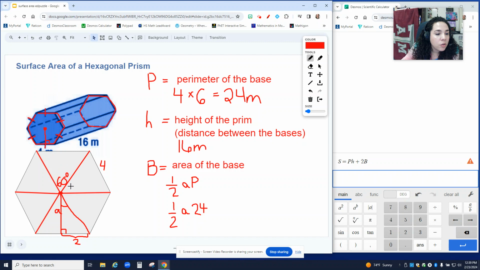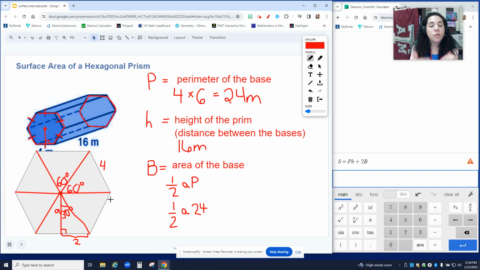All of these angles represent 60 degrees, okay? But if we're trying to use a right triangle and we bisect that again, that means that this angle is actually going to be 30 degrees. If you're comfortable using the knowledge that we did with special right triangles, this is a 30, 60, 90 right triangle. This would be really helpful.